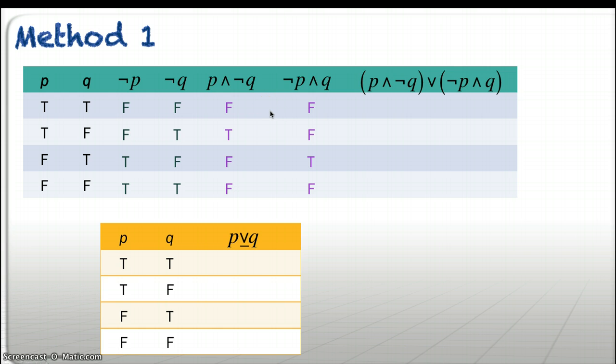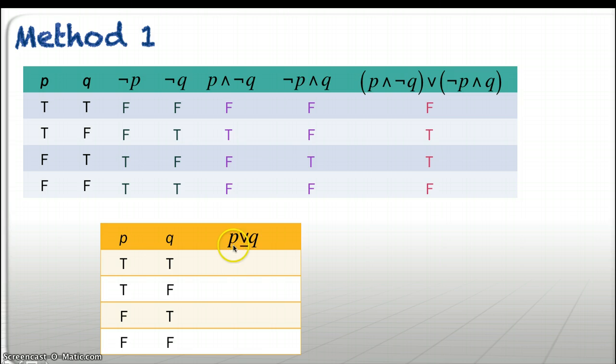False or false, inclusive disjunction, you'll have false. True or true is true. False or true is true. And then false or false is false.